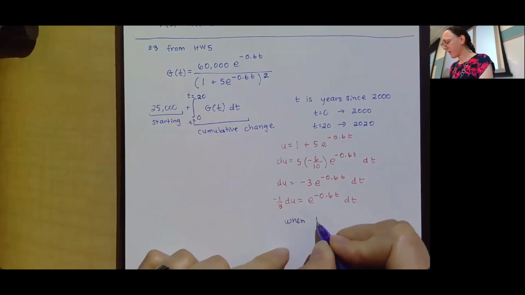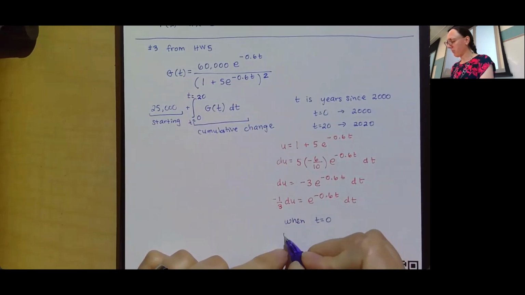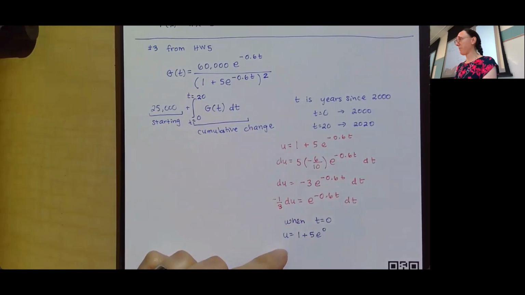So when t equals 0, u is equal to 1 plus 5e to the 0, or 6.